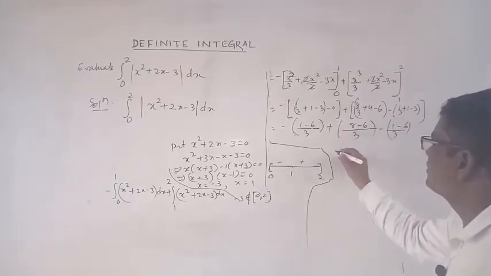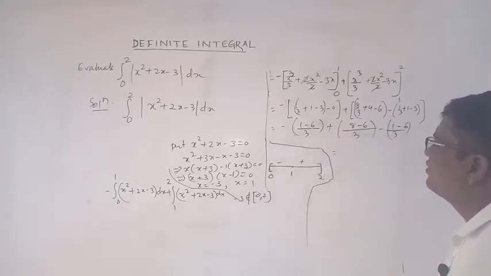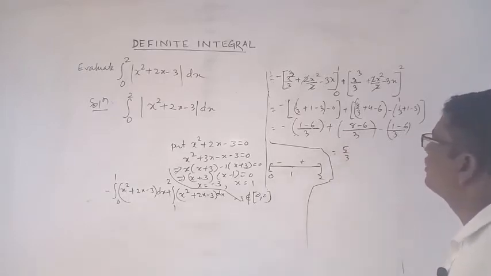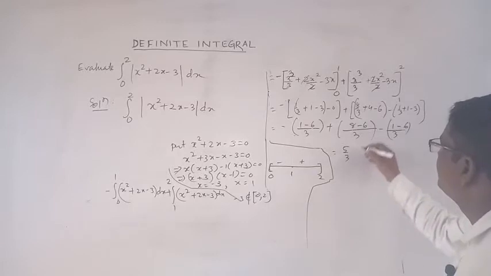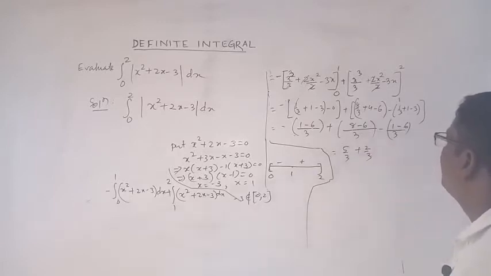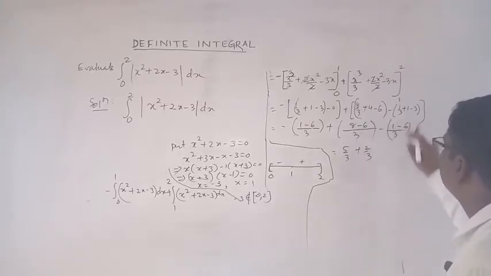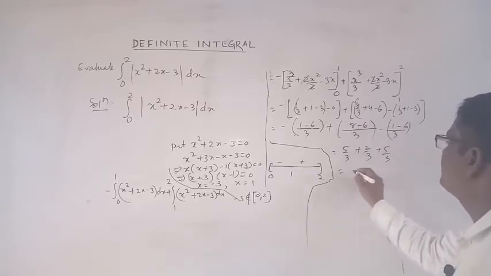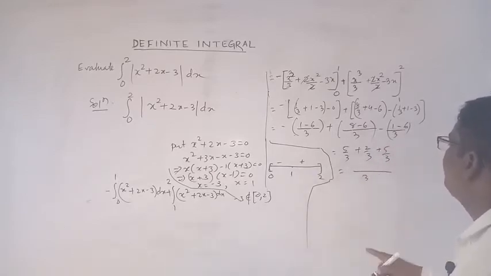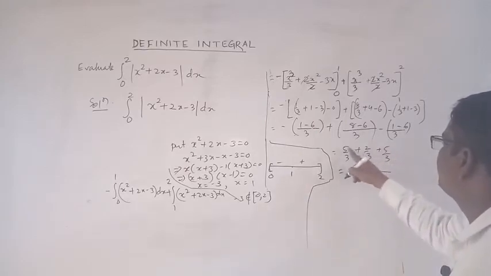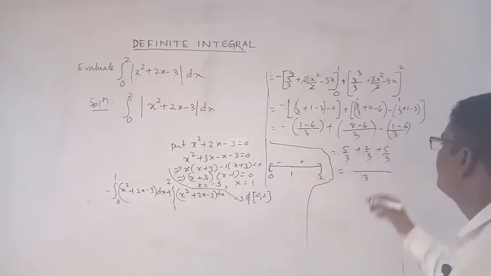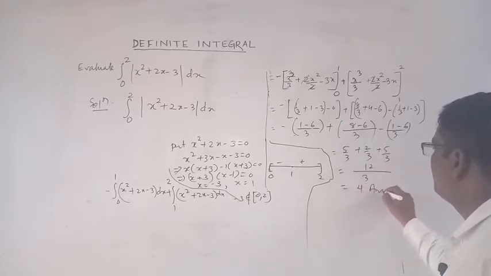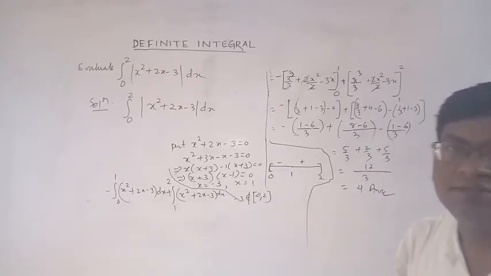After calculation, this is plus 5 by 3, plus 2 by 3, plus 5 by 3. So the LCM is 3: 5 plus 2 plus 5 is 12 by 3. So the answer is 4.